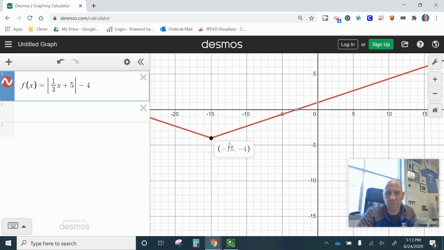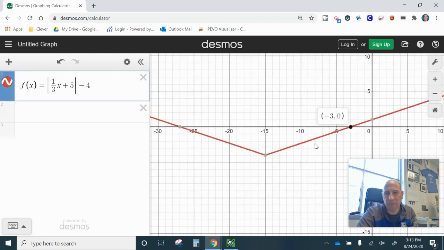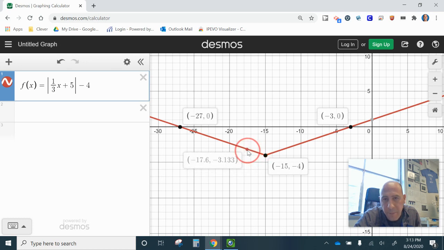Now you notice as soon as I click on the vertex, it gives me that point, -15, -4, and it gives me this point, and so -3, 0, and -27, 0. So that point's a little too far out. Let's see if we can find a point that's, wow.